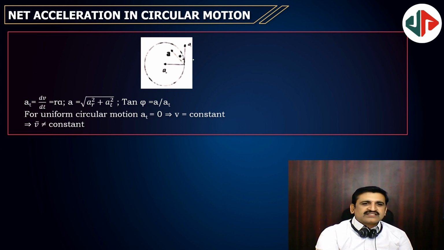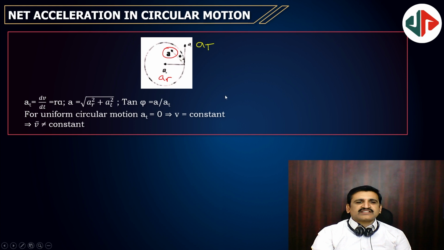This is AT, this is AR, and net acceleration A is equal to square root of AR square plus AT square.